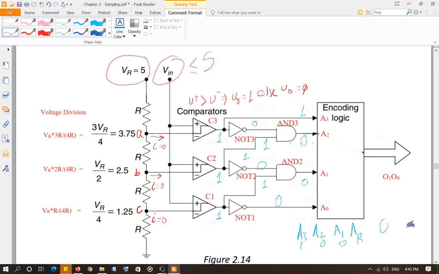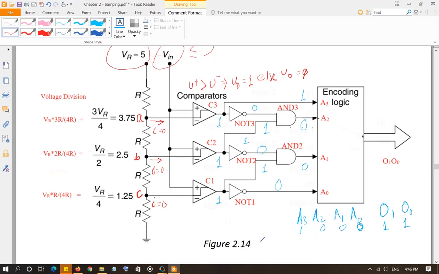And then the output of the encoder O1 and O0, we will say that we want the output 1 1. So 2-bit digital code is going to be 1 and 1. So this is when your input voltage is what? Greater than 3.75 volt up to 5 volt, right?